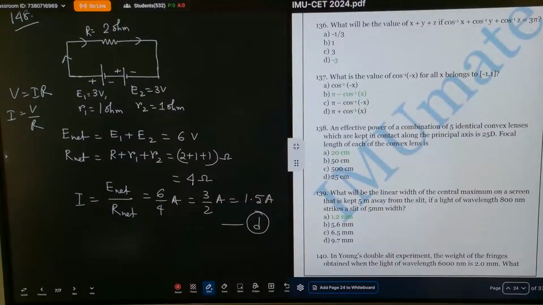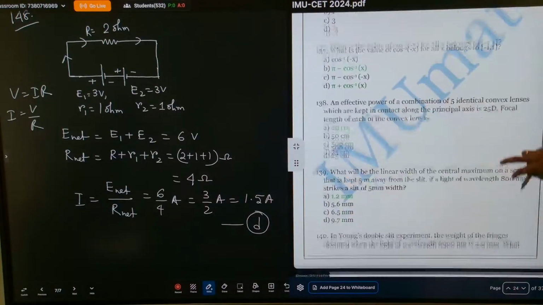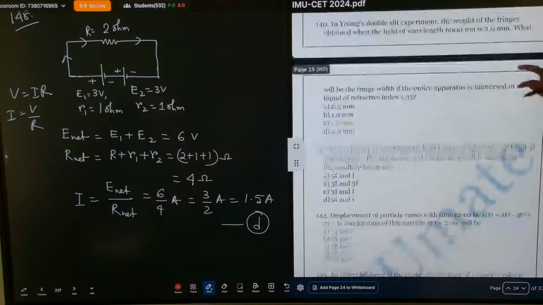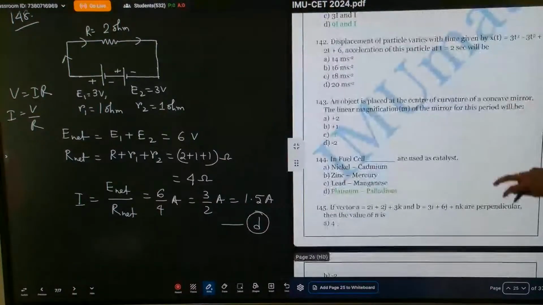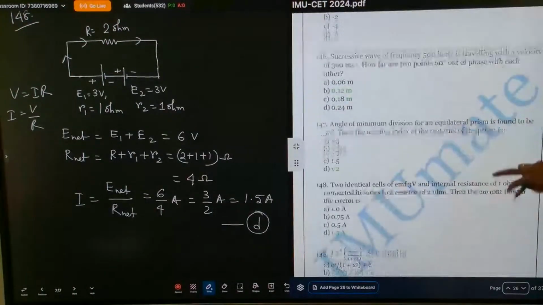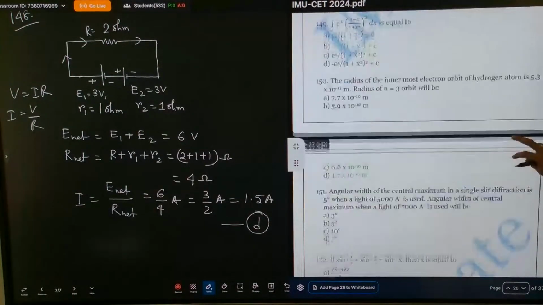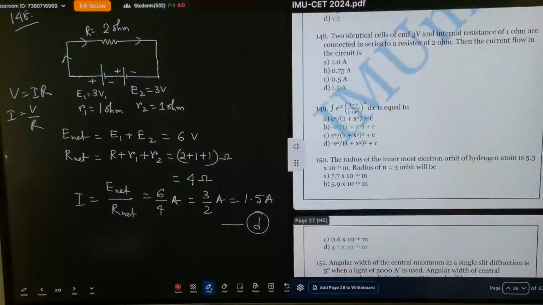Convex lens, I saw it. No, maybe there are more questions above. I can't see any more questions from current electricity. So, Sir, okay, 140, we already did it. Just a minute. So mine is done.